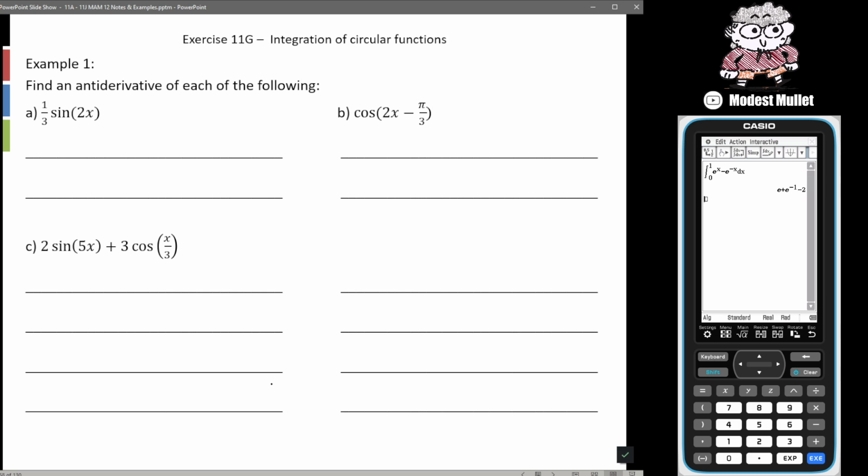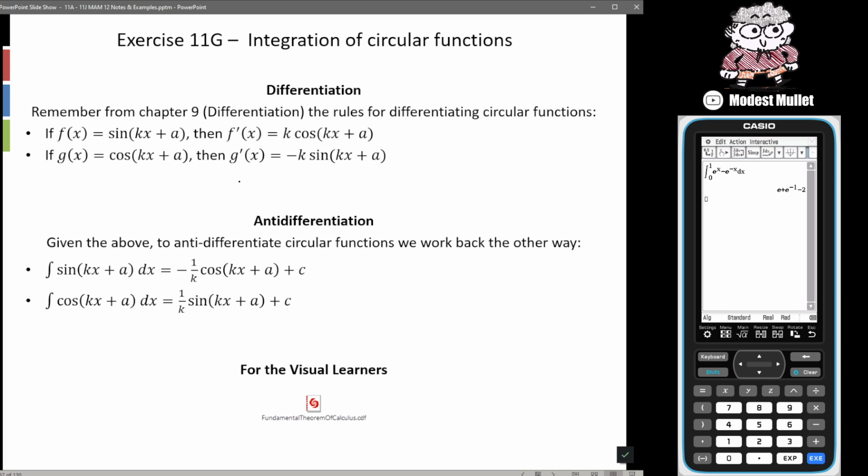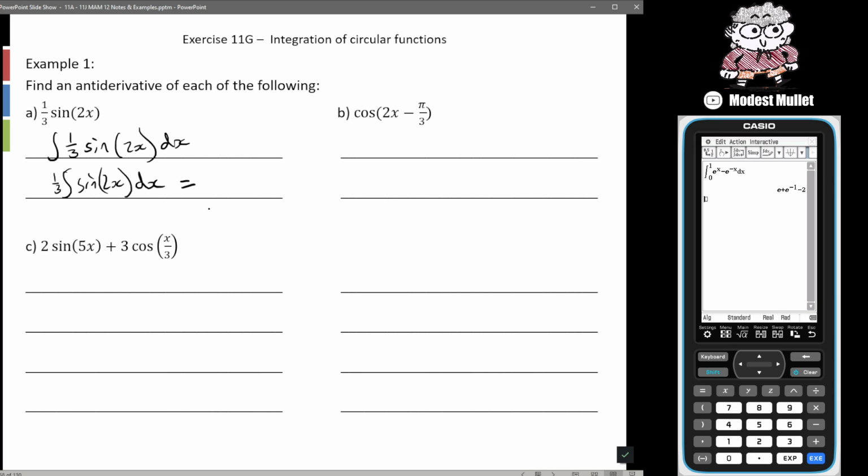First off, we'll find the antiderivative of each of the following. We need to find the antiderivative of 1/3 sine of 2x with regards to x, so we can bring the 1/3 out the front. If we go back and check our rule, the sine antiderivative is going to be negative 1 on k cos.